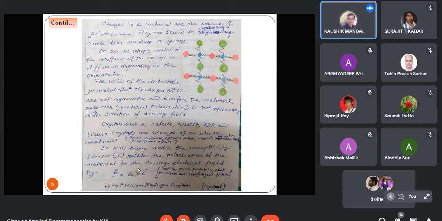Now, if I ask you, what do you mean by tensor? The susceptibility of the material is basically represented by a tensor of rank 2. In other sense, you can say it can be represented by a matrix.